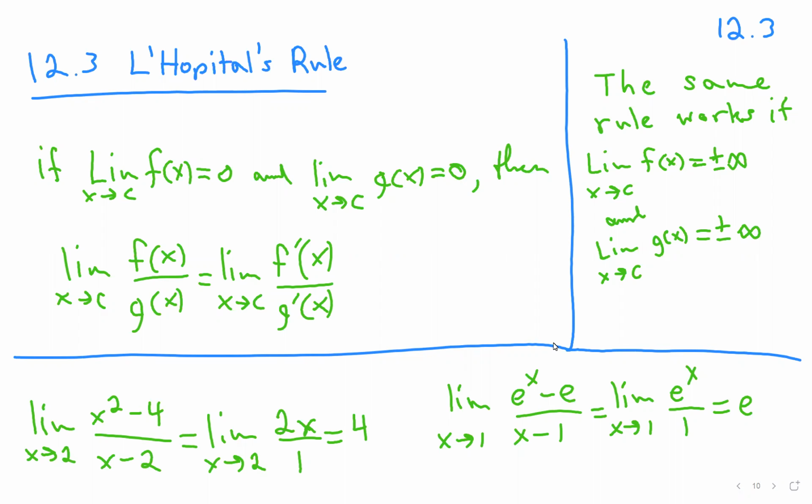Also, you don't need to just have the limit of f of x equaling 0 and the limit of g of x equaling 0. As an alternate case, you can have the limit of f of x equaling plus or minus infinity and the limit of g of x equaling the corresponding plus or minus infinity. Both of those would potentially work.